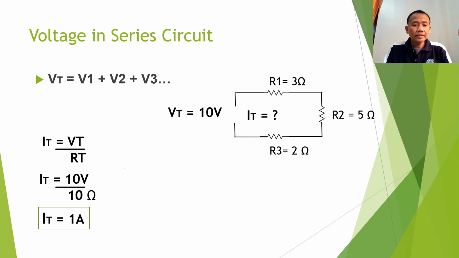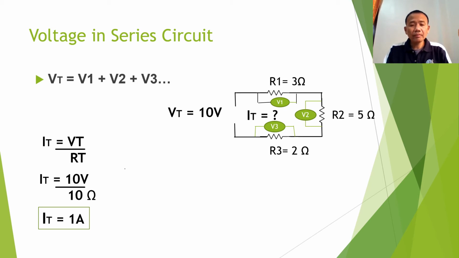Now, since we have a total current of 1 ampere, we can start solving for the individual voltage of each load. So what is going to be our V1, or voltage at R1, voltage at R2, and voltage at R3?